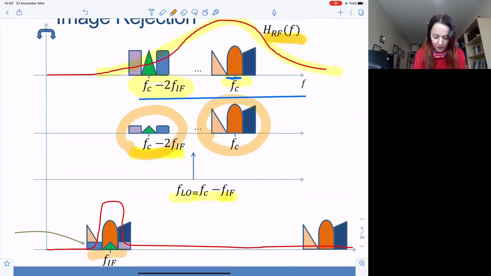You can see the green triangle on top of the orange desired signal. Once it gets on top of our desired signal, there's nothing we could do. It is going to act as distortion. So the remedy is to try to lessen this effect before it happens. That's the intended remedy.